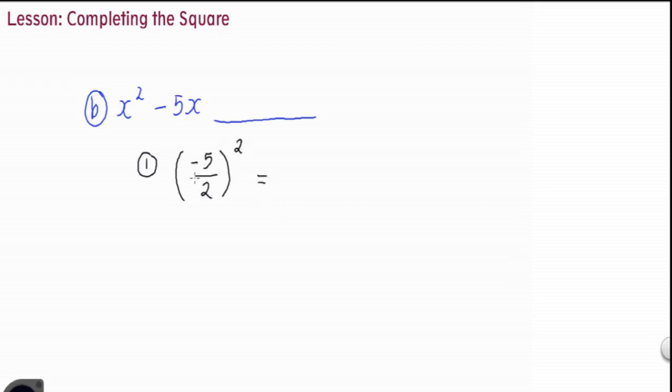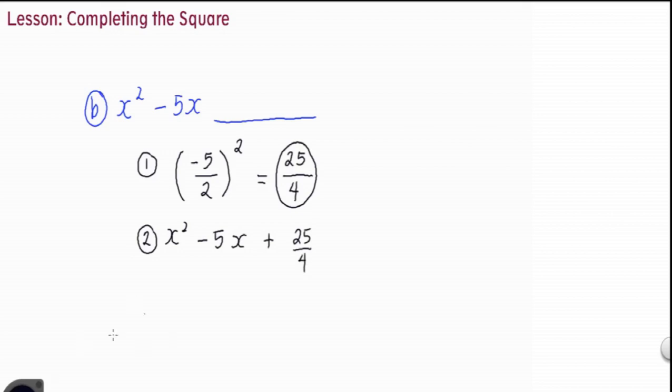So let us simplify this number with this square. Negative 5 squared, that is positive 25. 2 squared, that is 4. Okay? So now, we already got our third term. To complete the form of this expression, we have x squared minus 5x plus 25 over 4.